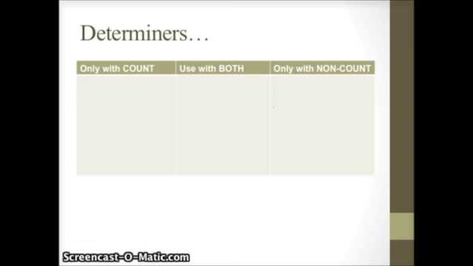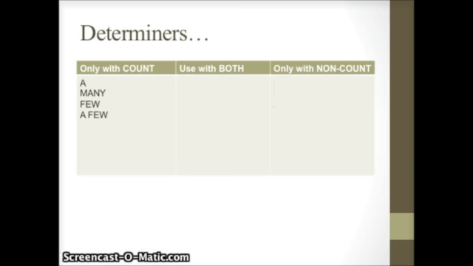A simple way to look at the use of articles or determiners in front of count and non-count nouns would be to talk about those that are only used with count, those that are only used with non-count, and those that can be used with both. Here's a list of the count: a, many, few, a few.